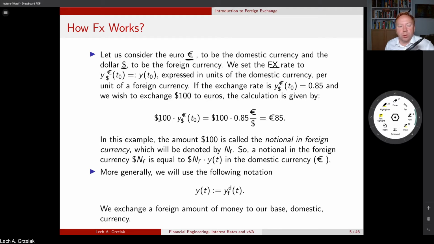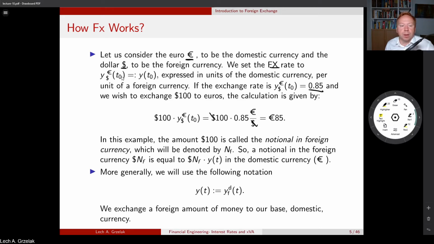For example, if we have $100 and we would like to exchange this amount to euros, we multiply this $100 with the FX rate dollar to euro, which is 0.85. The dollar would cancel out, so we end up with 85 euros, and 85 euros is the equivalent of $100 using this FX rate of 0.85.